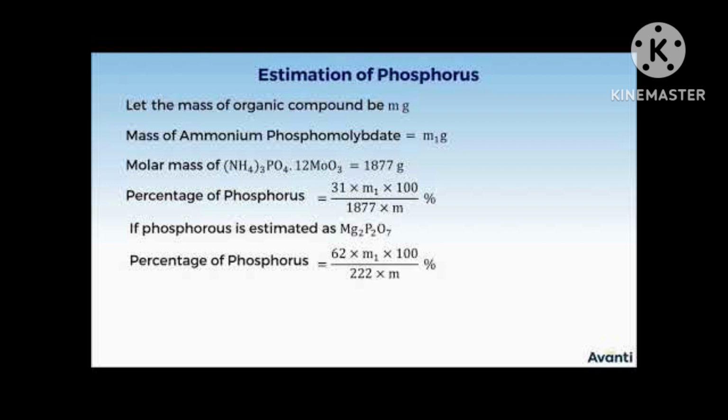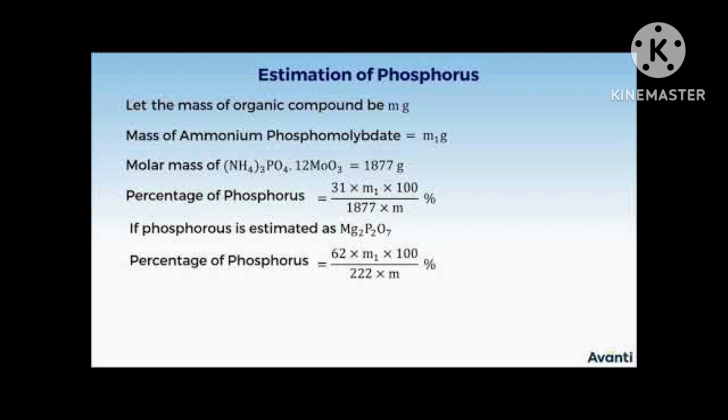Atomic mass of barium is 137; always remember this. Sulfur is 32 and oxygen is 16. Then 16 into 4 is 64 for oxygen, plus 32 sulfur plus barium 137, total 233.